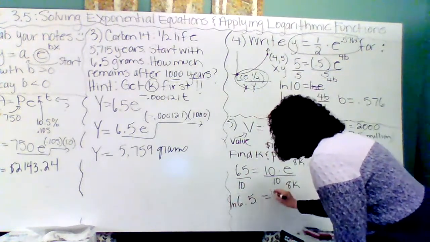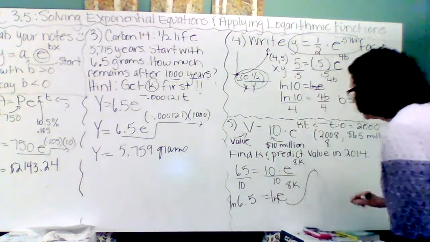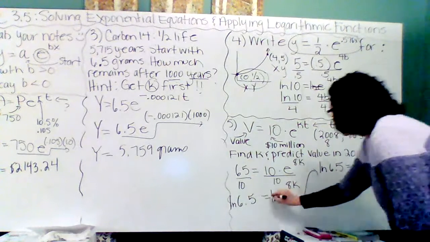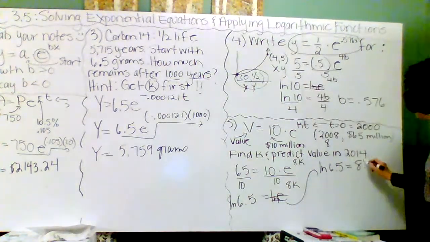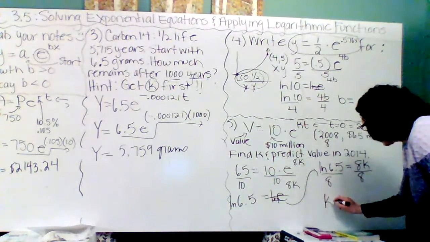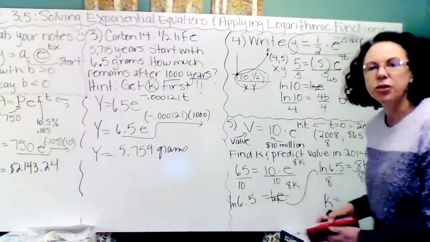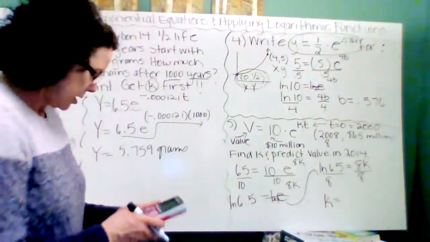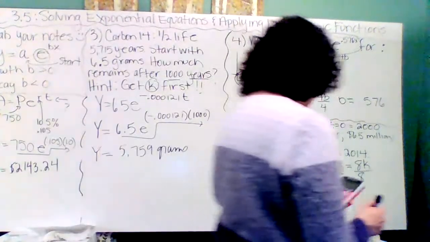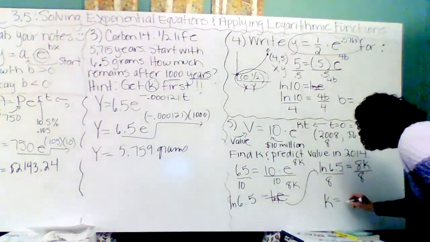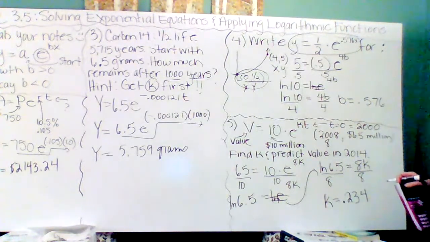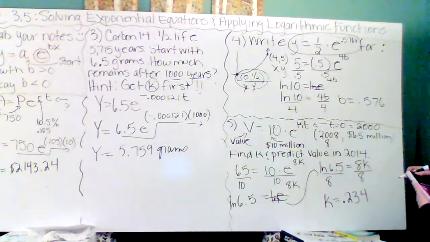Natural log of both sides, right? The natural log of 6.5 equals 8K. And we'll divide both sides by 8. Probably by this point, you're seeing a lot of the math is actually the same, right? So the natural log of 6.5 divided by 8 is 0.234. Notice that's positive, so of course that's because the value is growing.